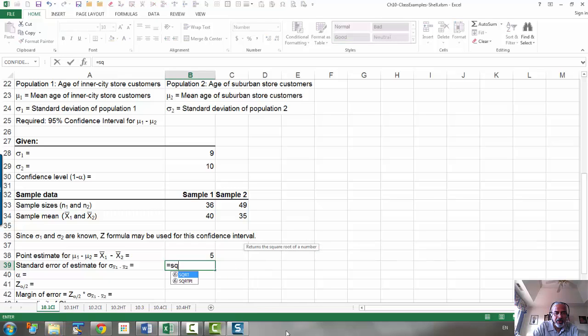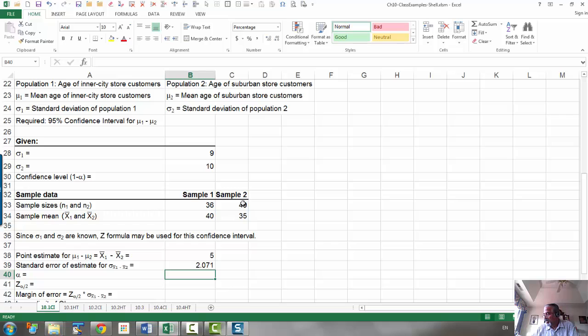So this will be the square root of, you take the first sigma and square it and divide by n sub 1, plus you take the second sigma, square it and divide by n sub 2. That would give us the standard error of the estimate.